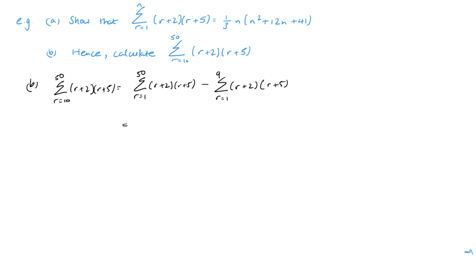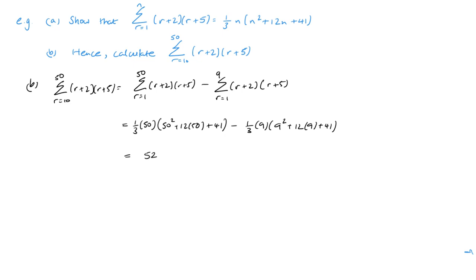So now I can substitute it in. So 1/3 times 50 times 50 squared plus 12 times 50 plus 41, minus 1/3 times 9 times 9 squared plus 12 times 9 plus 41.